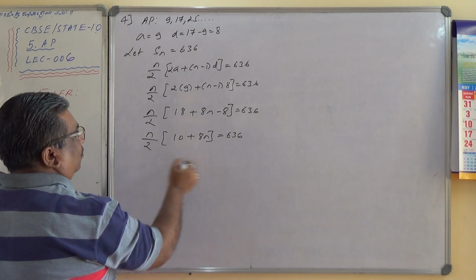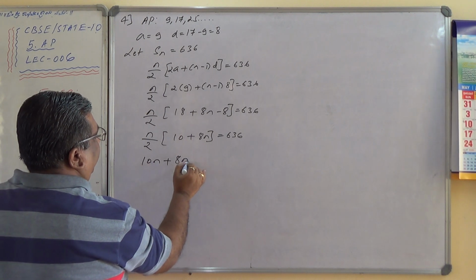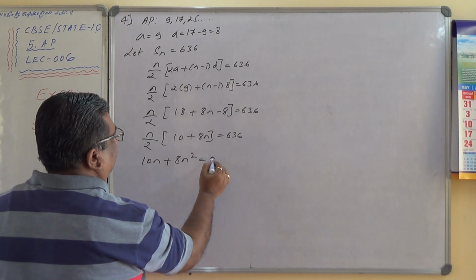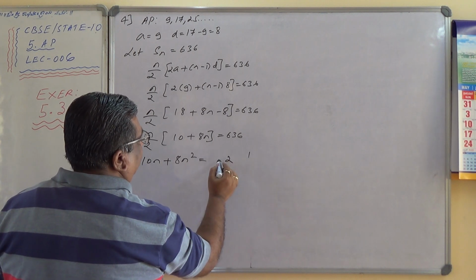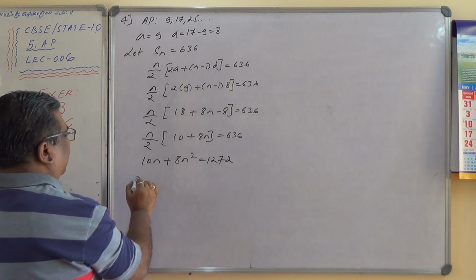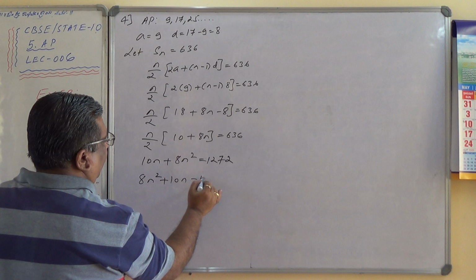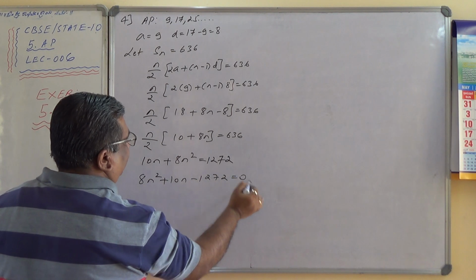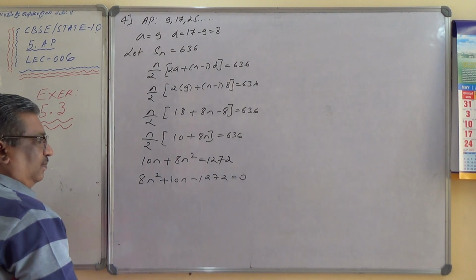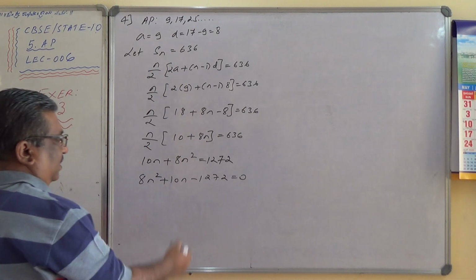So 2 goes to that side, 10n plus 8n square equals 636 multiplied by 2. Therefore 8n square plus 10n minus 1272 equals 0. This is how it is.